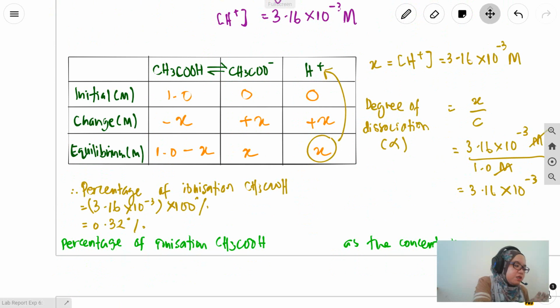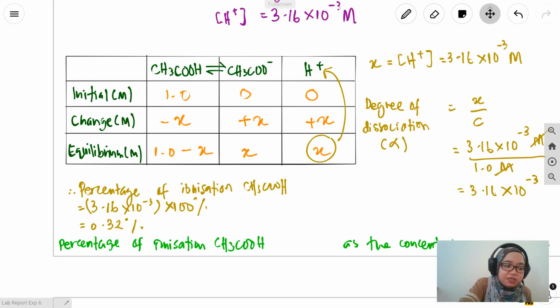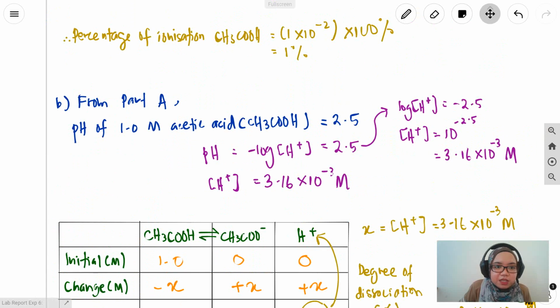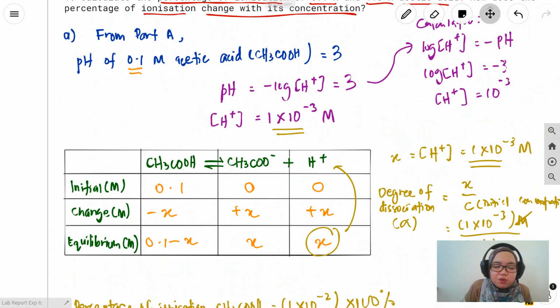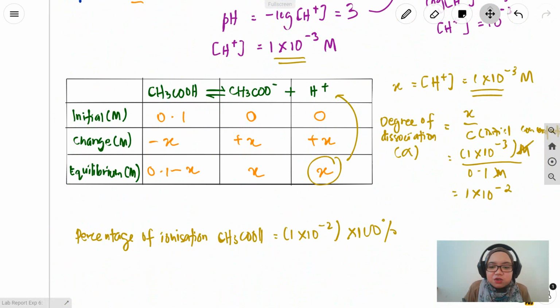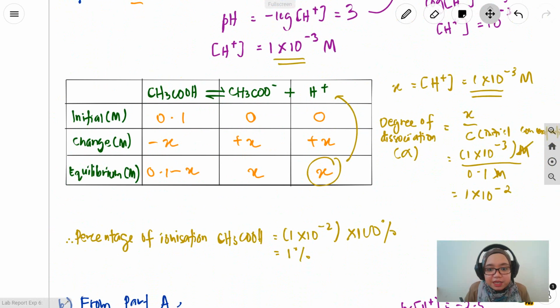How does the percentage of ionization change with its concentration? If you look here, when the concentration increases to 1.0, the percentage of dissociation decreases, compared to when the molarity is low, 0.1, where the percentage of dissociation is quite high, 1%.